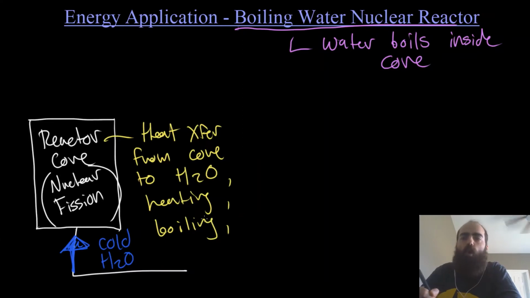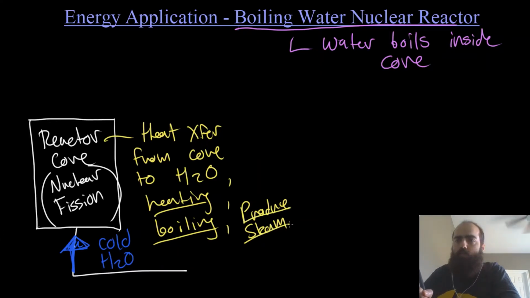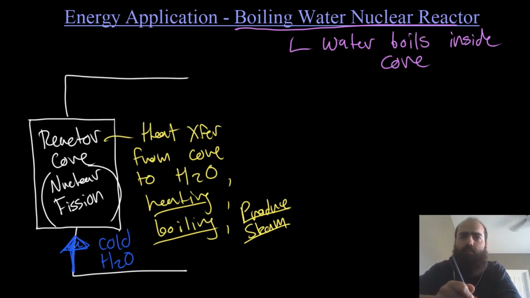When water starts to boil, it produces steam. So you heat, you boil, and you produce steam. That's what comes out of the top of the reactor core: this very hot, superheated steam.